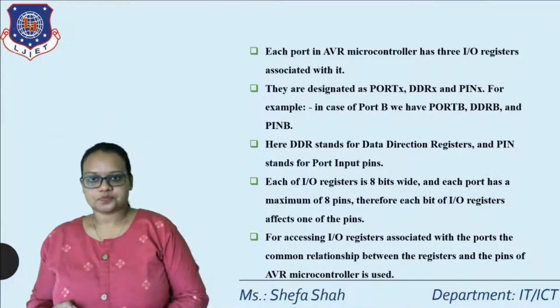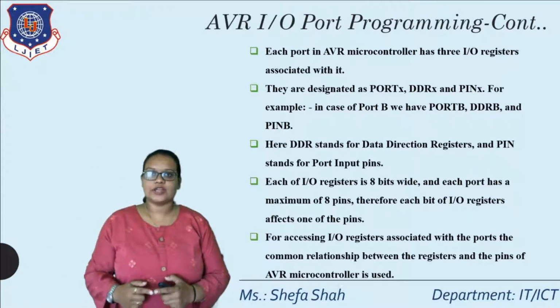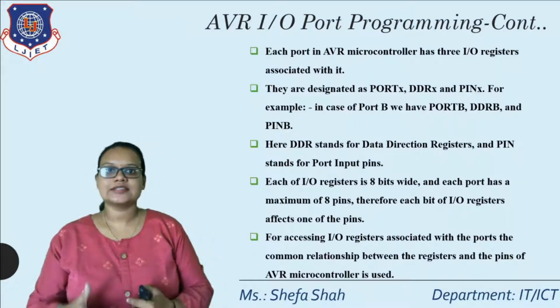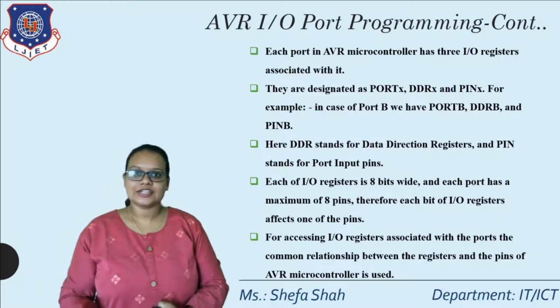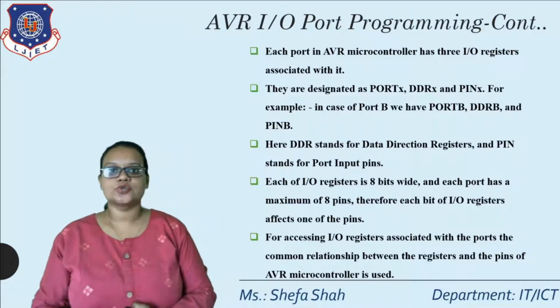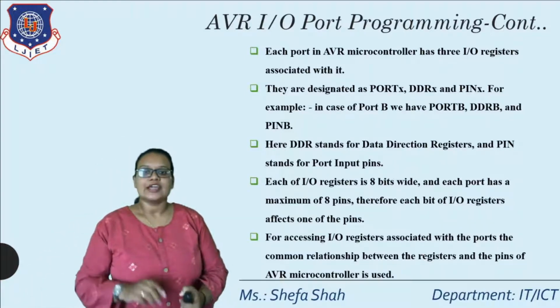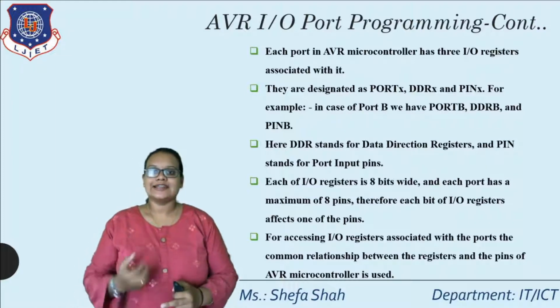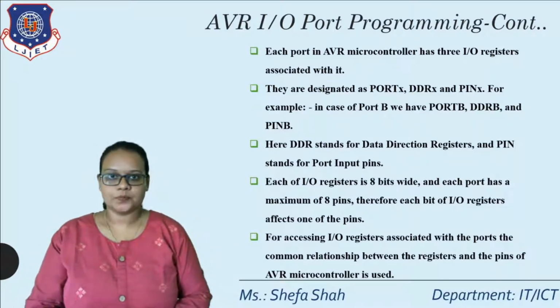First, AVR. Each port in the AVR microcontroller has three IO registers: PORT X, DDR X and PIN X. Here DDR stands for data direction register, which is used for choosing whether the port will work as an input port or output port. If we want to make a port an input port, then the data direction register has all 8 bits equal to 0.